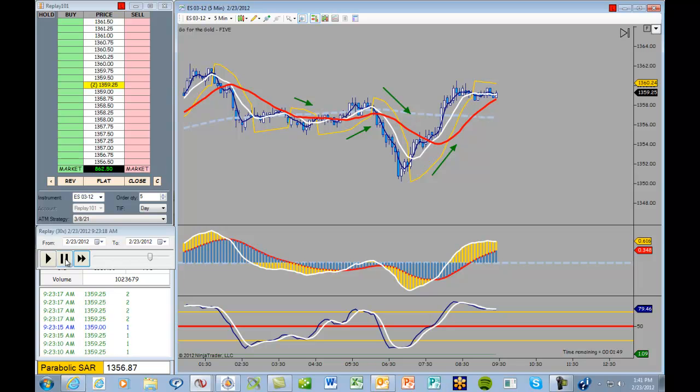Since the movement that led into this sideways consolidation was up, theoretically, the breakout at the end of the consolidation should also be up.